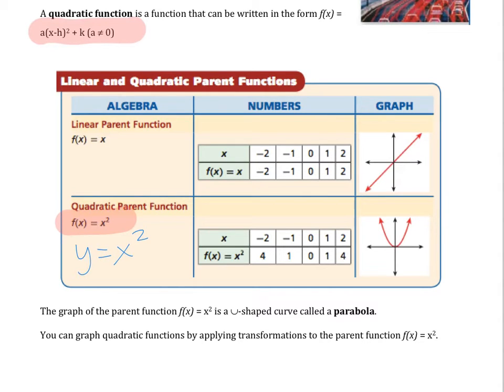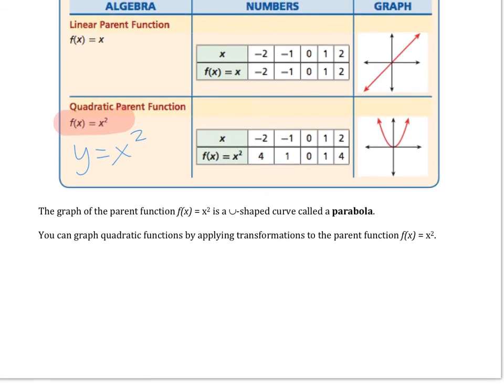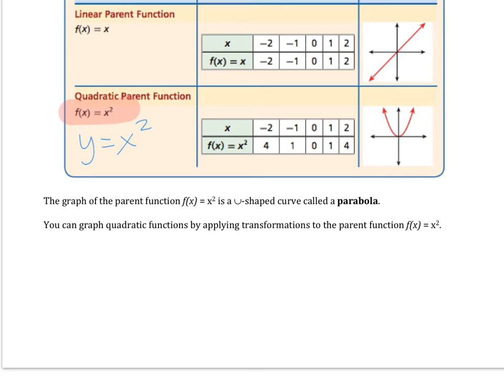And the graph of that is a parabola, or a U-shaped curve. And you can see that graph right there. So we can apply transformations to this parent function.